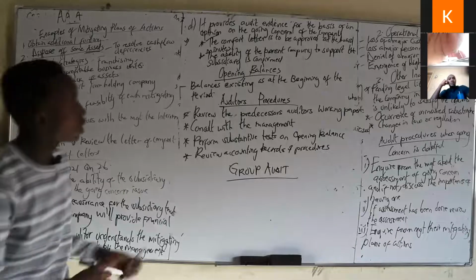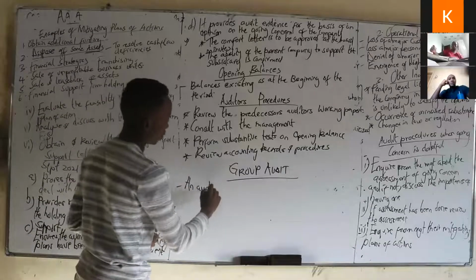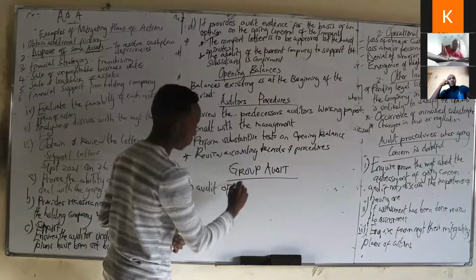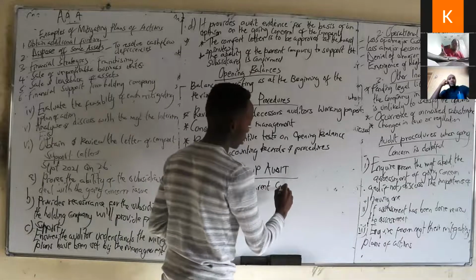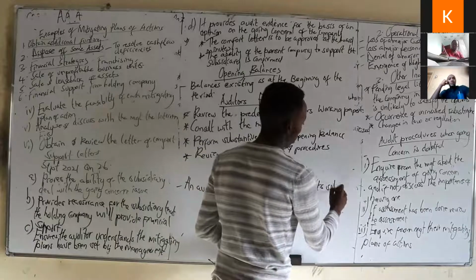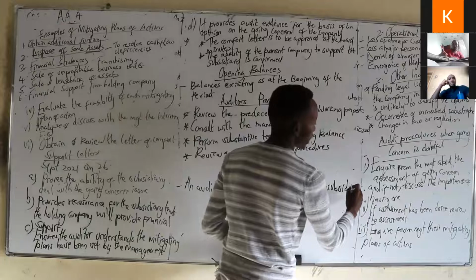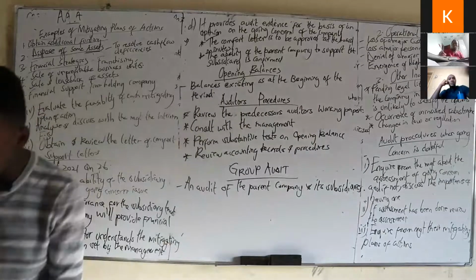So that is on the group audit. This is an audit of the parent company and its subsidiaries. These subsidiaries may have their own auditors. That is who we call the component auditors in this case.